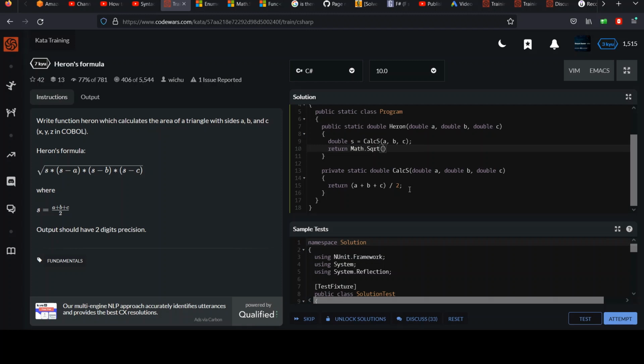So let's put the formula in. We have S times S minus A times S minus B times quantity S minus C. And see how readily that translated? Nice and simple, right? Again, I use the parentheses because of order of operations.